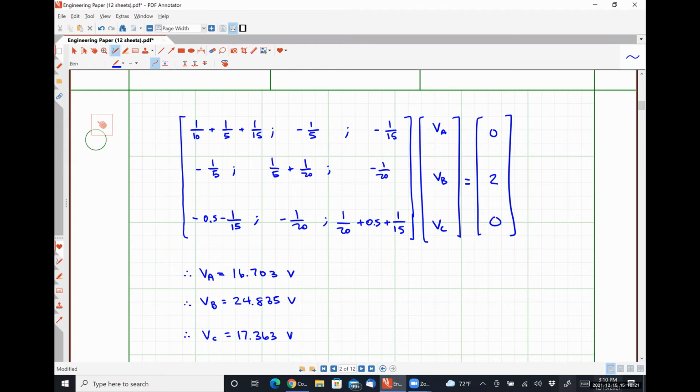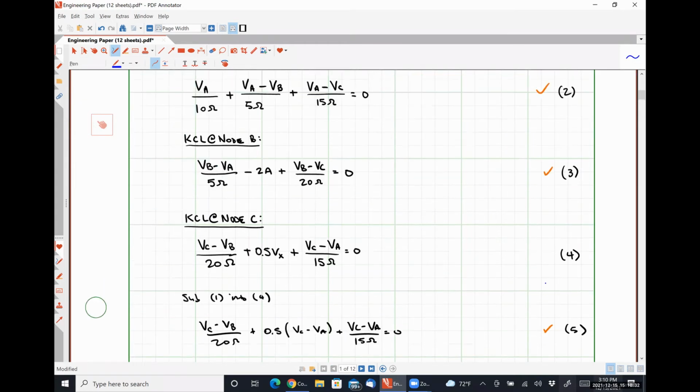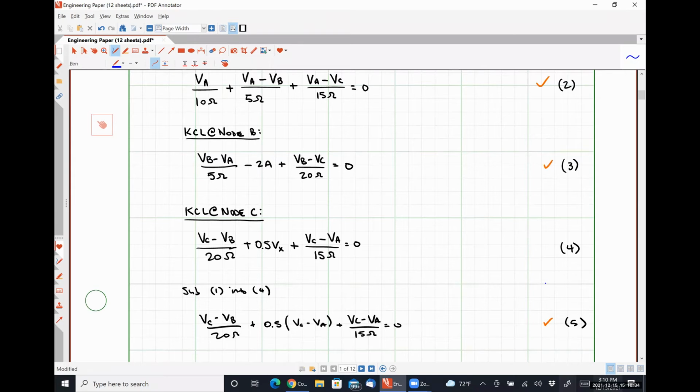Nick. All right, so the negative 0.5 is coming from this 0.5 right here and a factor of -1 in front of the VA.